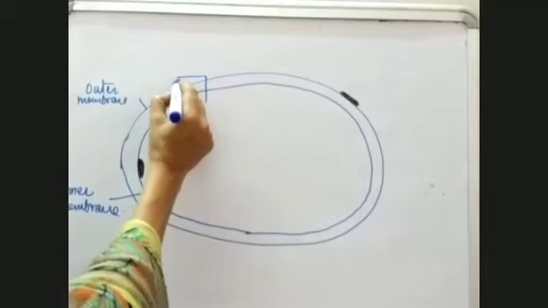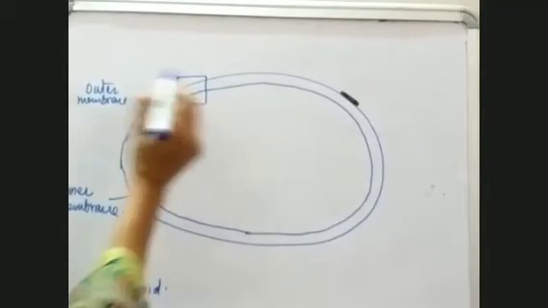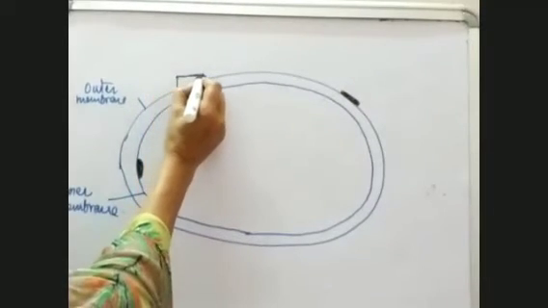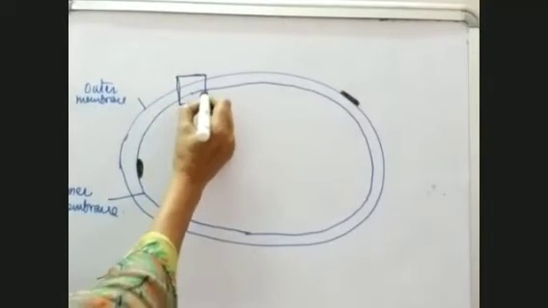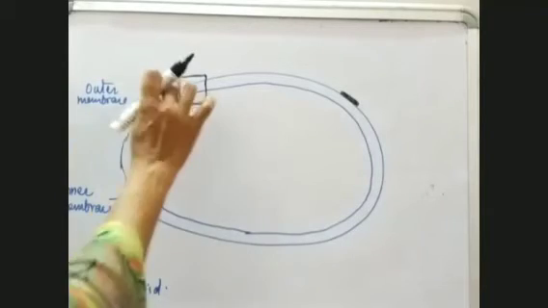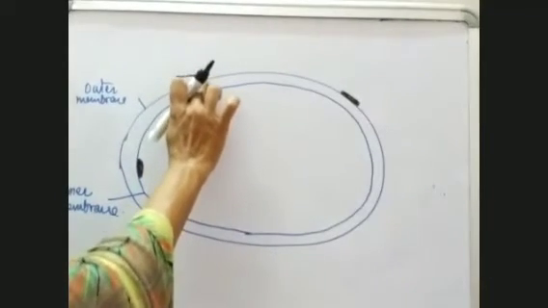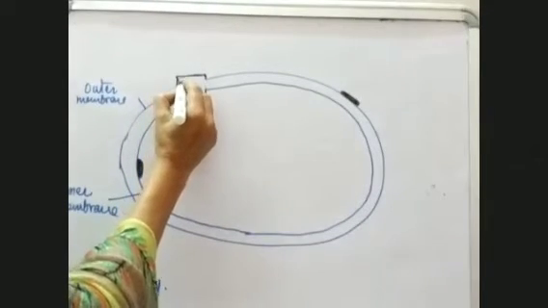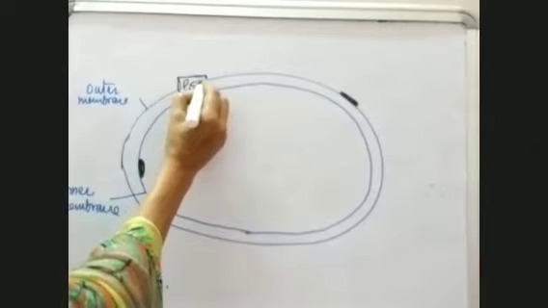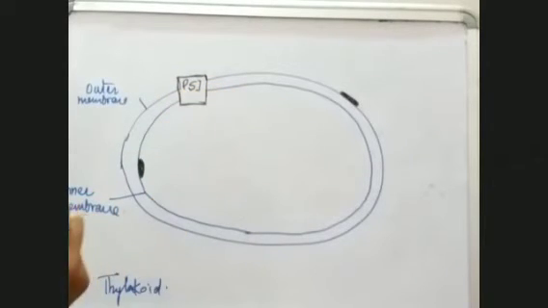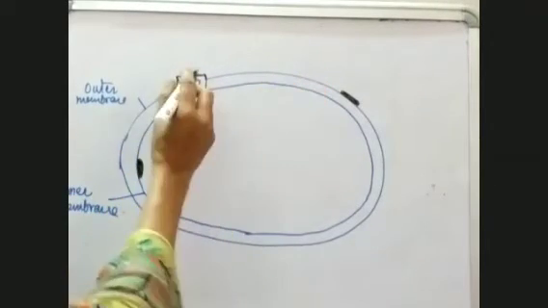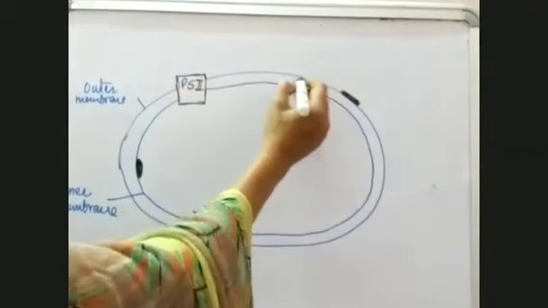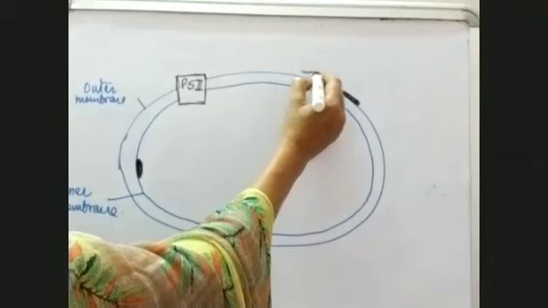So here let's make the photosystem 1. This is photosystem 1, or we can say that this is PS1. Now in case of non-cyclic, first it is photosystem 2. Then we have photosystem 1.